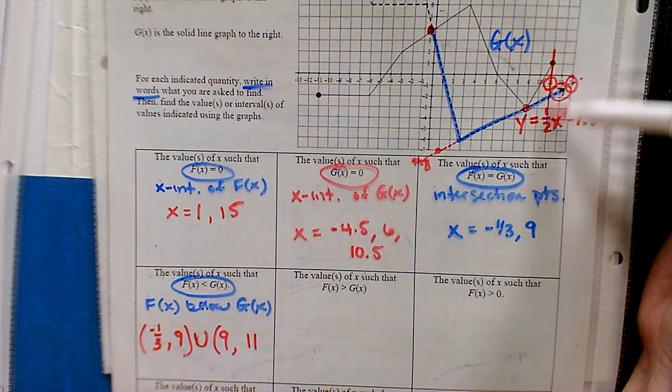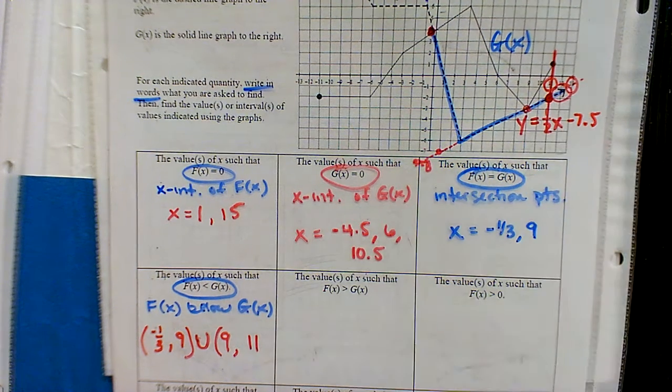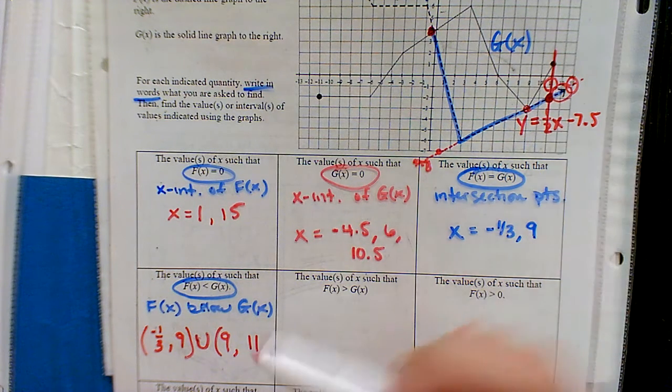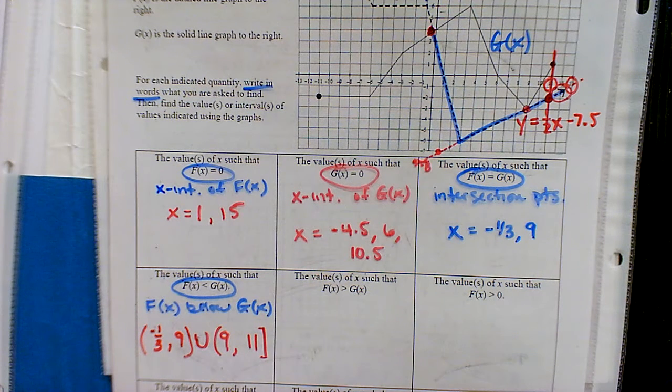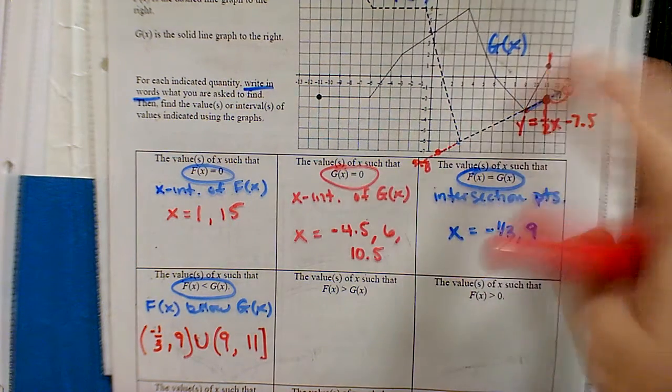This ending location of 11, is that point on the dotted graph below the solid graph? Yes. So that would be a bracket. There's that mixture again that we got to be careful of. All right, these are going to take some practice. Let's go ahead and try the next one.